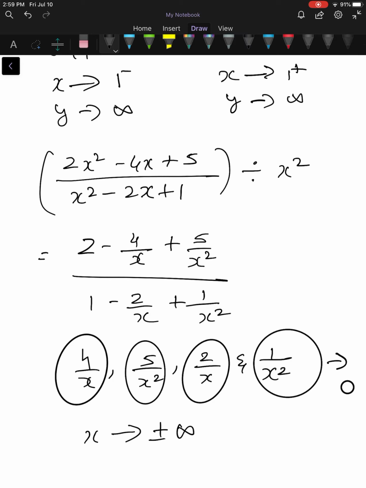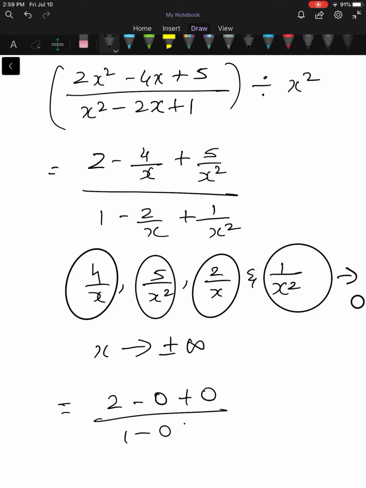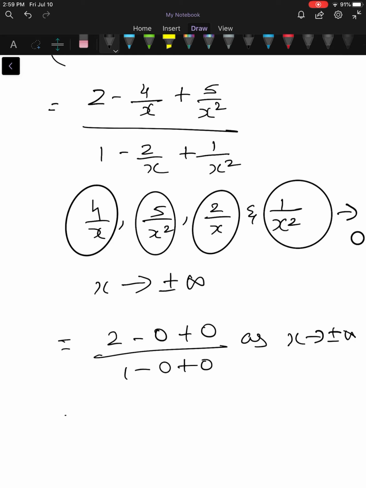So what happens to the rational expression there? You just have 2 minus 0 plus 0 divided by 1 minus 0 plus 0 as x tends to plus or minus infinity. This is nothing but 2.